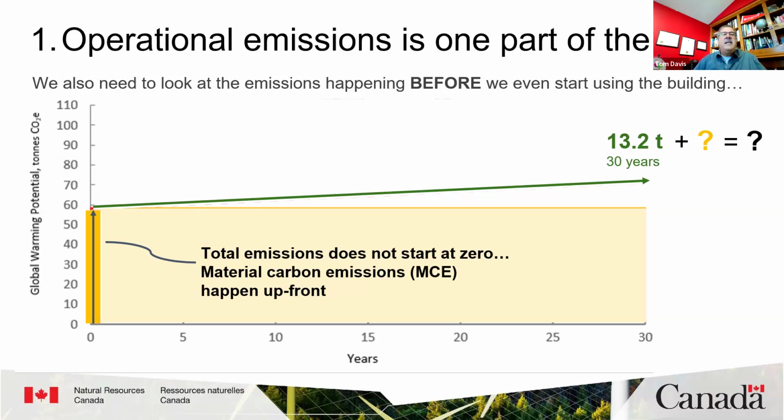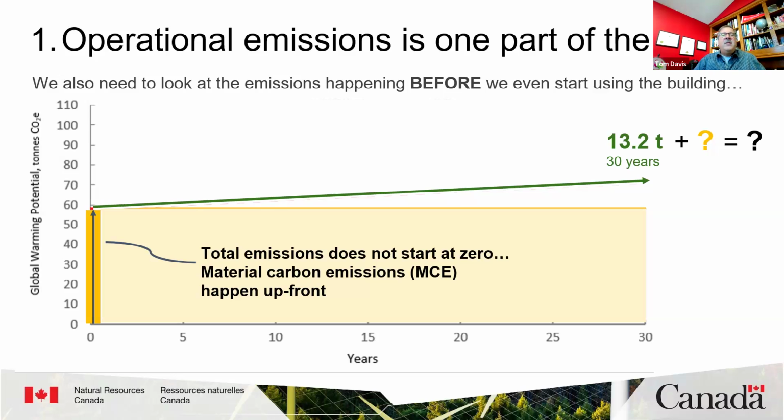Measuring OCE assumes that the house starts at 0 emissions on day 1. However, emissions are also generated to manufacture all the materials required to make the house in the first place. These are called embodied carbon emissions or material carbon emissions, MCE.